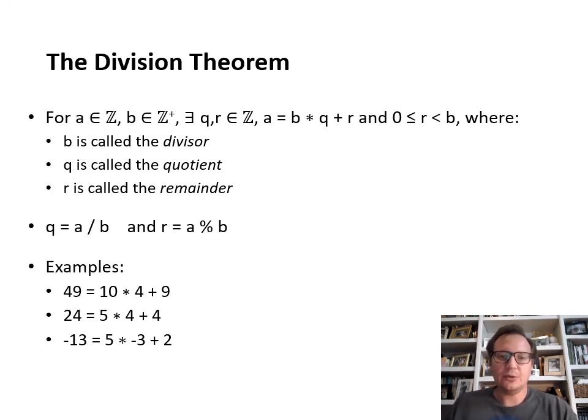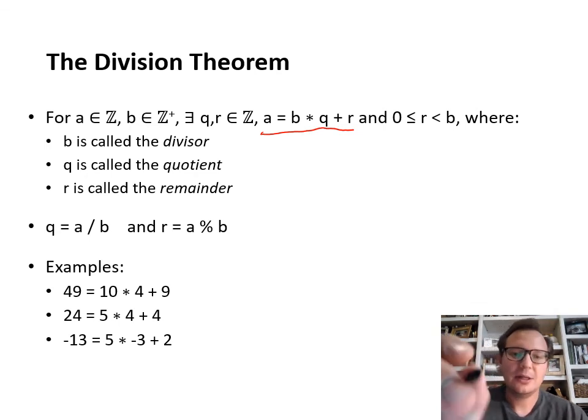Okay, now that we introduced the divided by and modulo operations, let's look into the division theorem. The division theorem states that for all integers a and positive integers b, there exist integers q and r such that a is equal to b times q plus r, and r is between 0 and b.